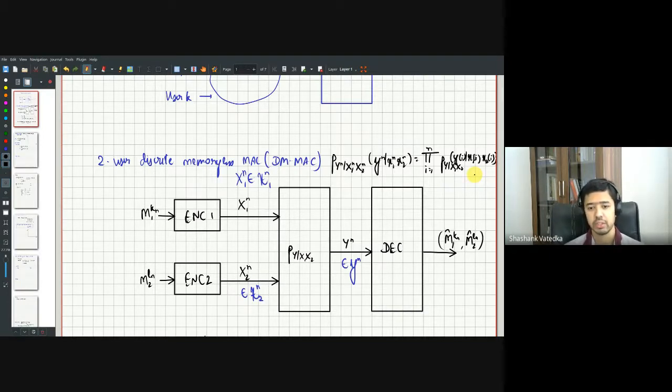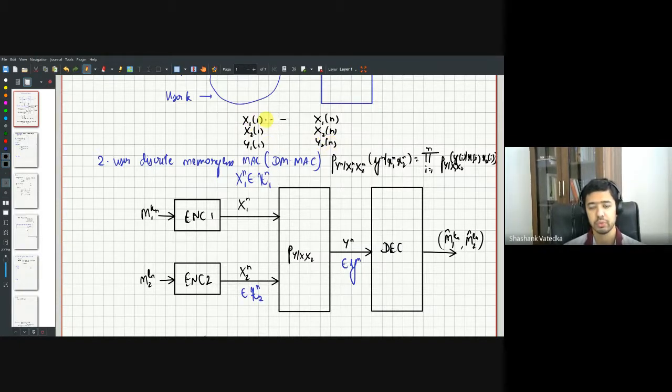So essentially, user 1 is transmitting components x1(1) up to x1(n). User 2 transmits x2(1) up to x2(n). So n symbols. The receiver gets y(1) up to y(n).